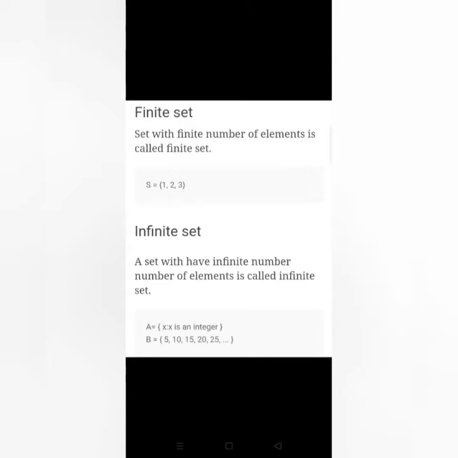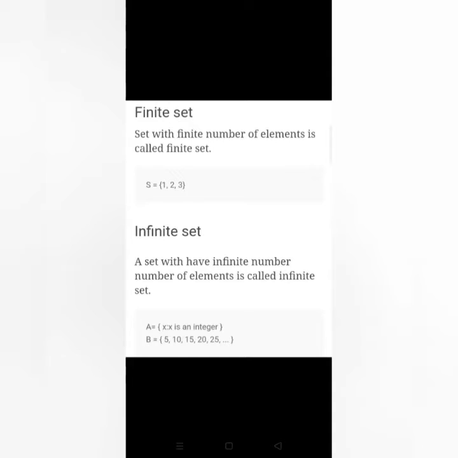That is, if the number of elements is countable, that set is called finite. Right? The set of family members, the set of subjects in a class. Okay, students, these are examples for finite set.